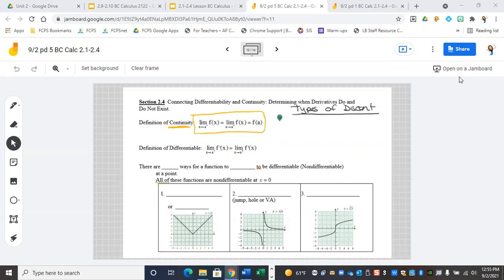Number 1, we have what's called removable discontinuity. Removable is when you have a hole in the graph. When you're checking algebraically for continuity, this is how you know it's removable: your defined value is not equal to your limit, either from the left or from the right.